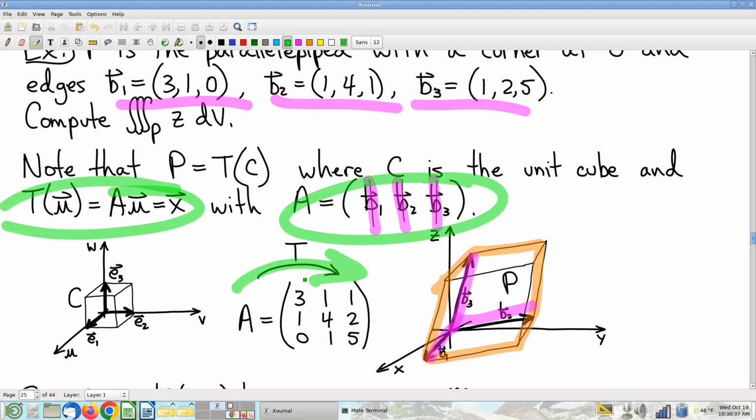If you set it up like this, then the parallelepiped is actually the image, by way of that linear transformation, of the unit cube. Really neat fact. Any parallelepiped defined by any three vectors, you can view as being an image of the unit cube by that matrix.